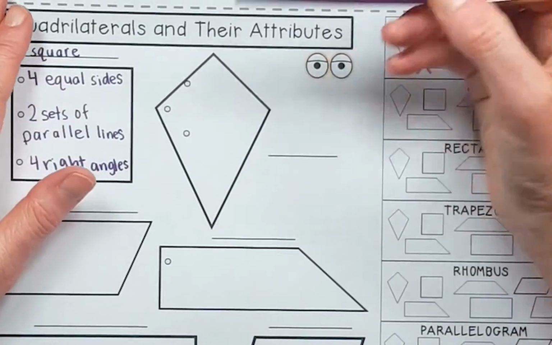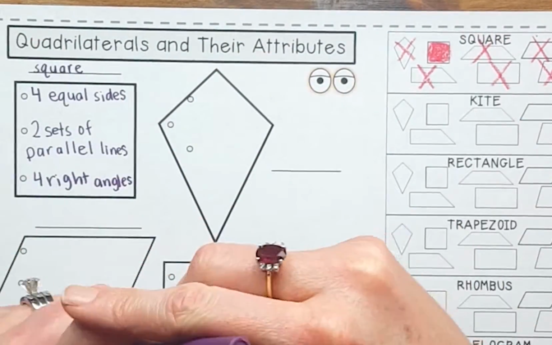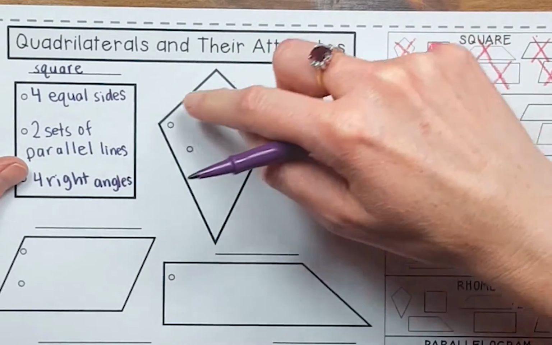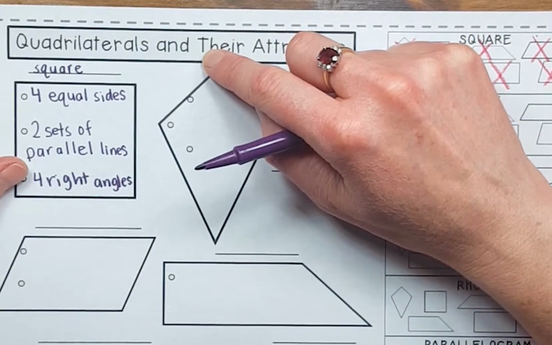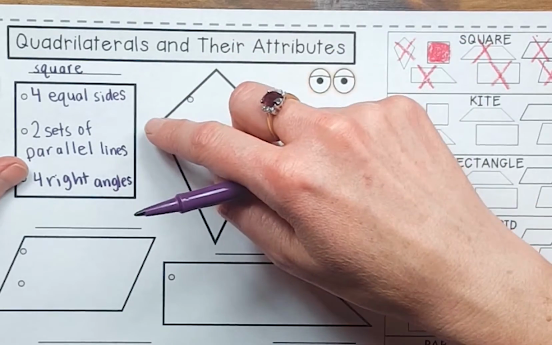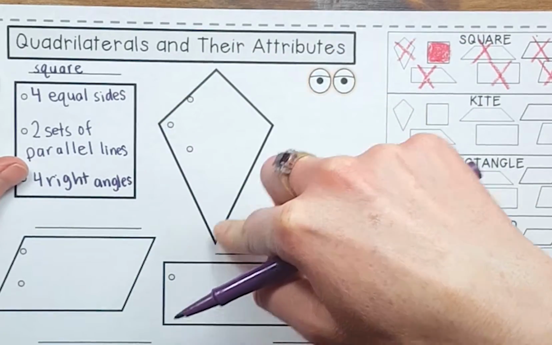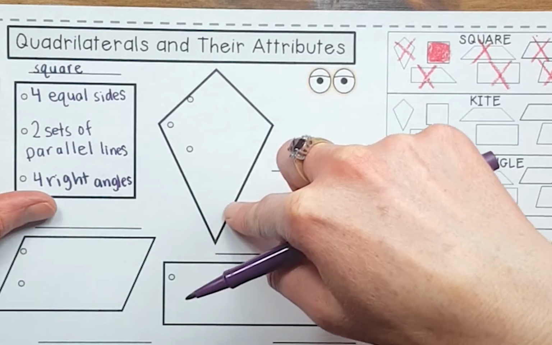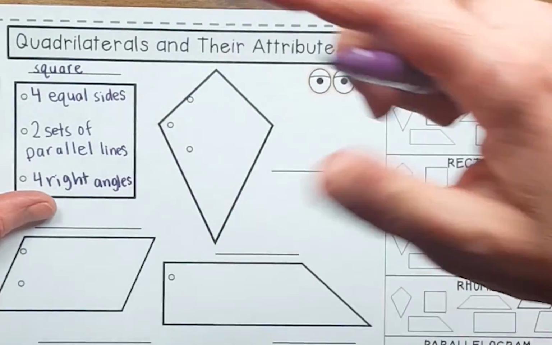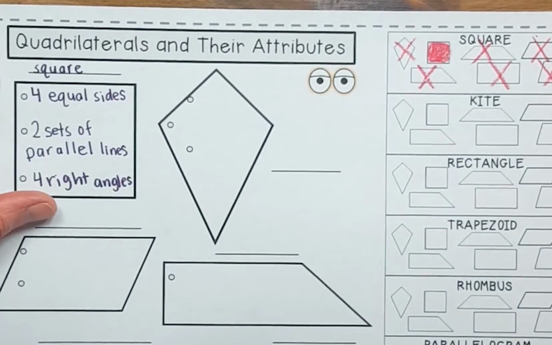Look at this shape. I'm noticing that this side and this side are the same size. They're congruent. And I'm noticing that this side and the side that's adjacent to it is also the same size, or congruent.